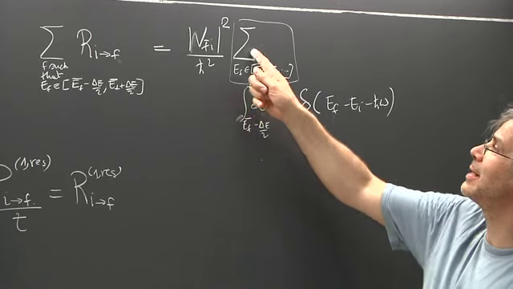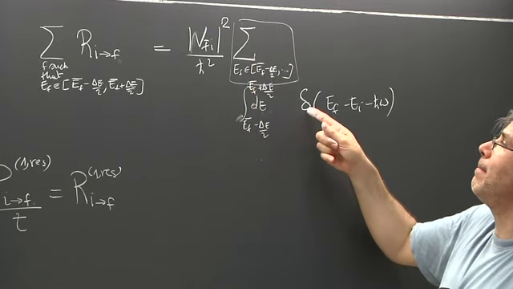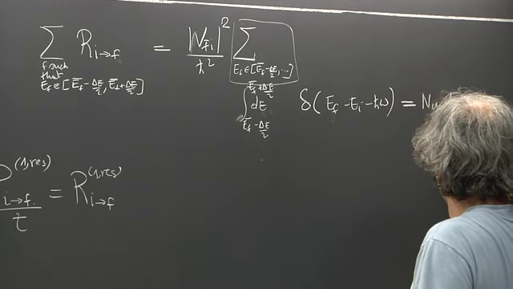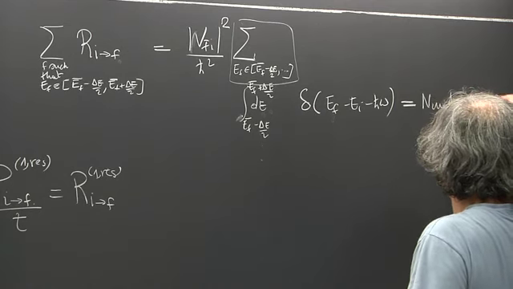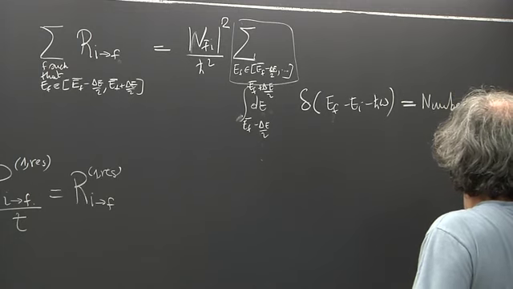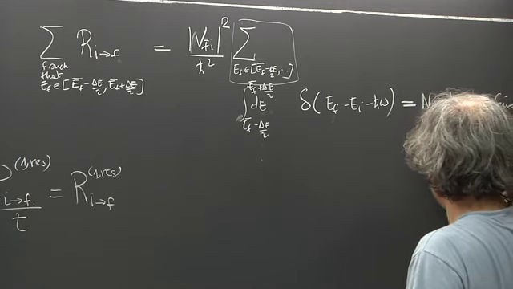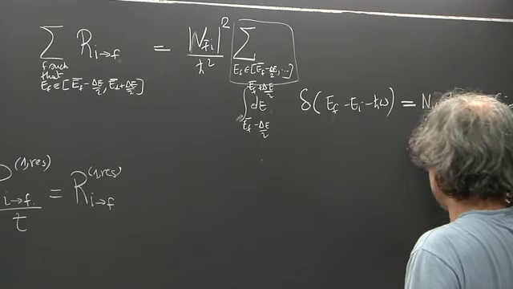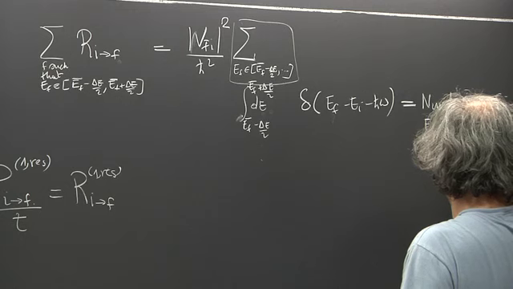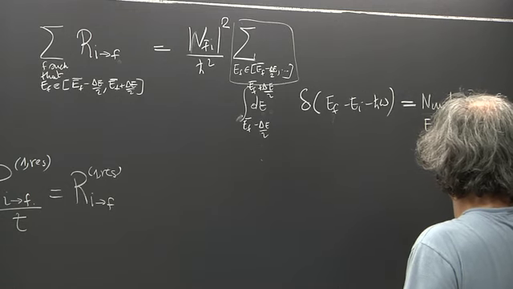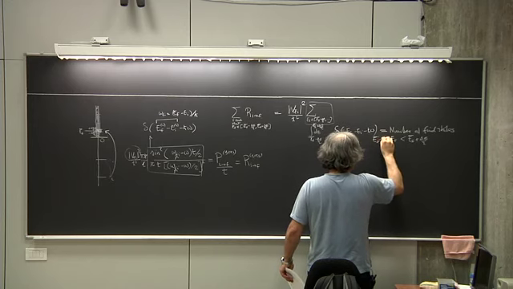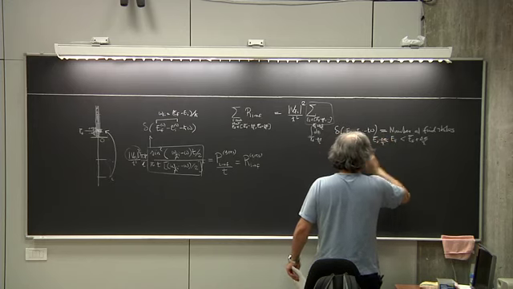So you see that immediately this gives you the number of final states whose energy, EF, is in the right interval, so less than EF bar plus DE over 2, and greater than EF bar minus DE over 2, okay?